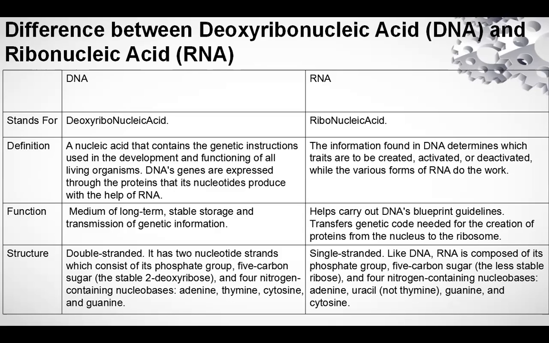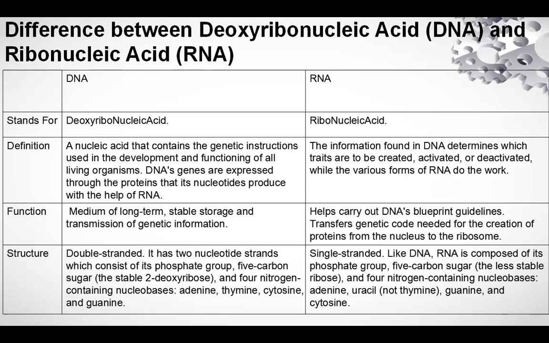In terms of structure, as we said before, the DNA is double-stranded, it has two nucleotide strands, which consist of a phosphate group, a 5-carbon sugar, the stable deoxyribose, and 4 nitrogen-containing nucleobases that are adenine, thymine, cytosine, and guanine.